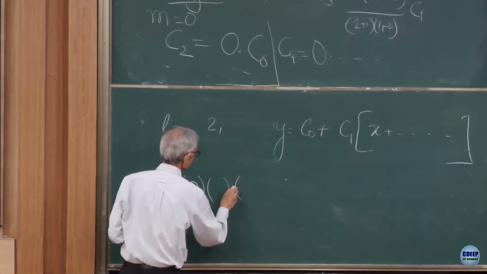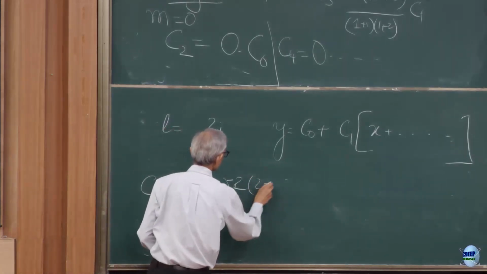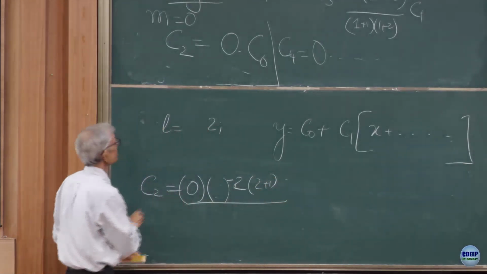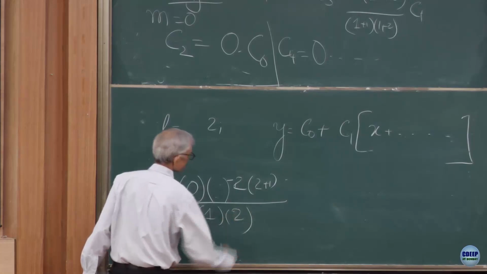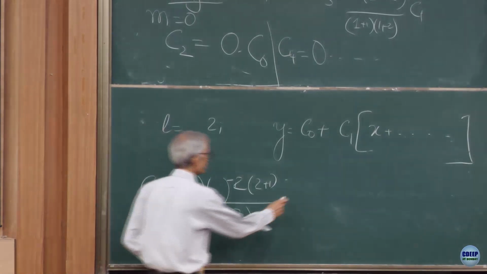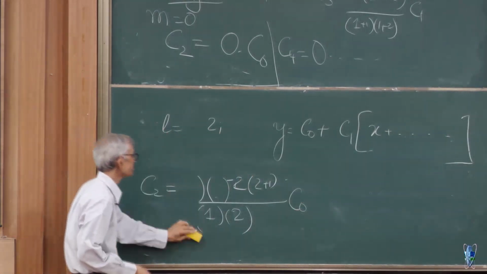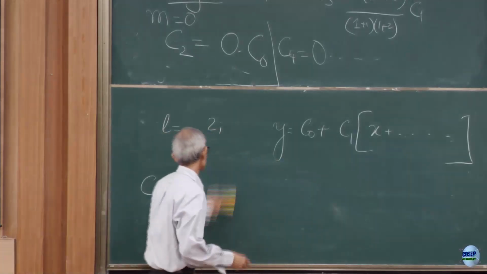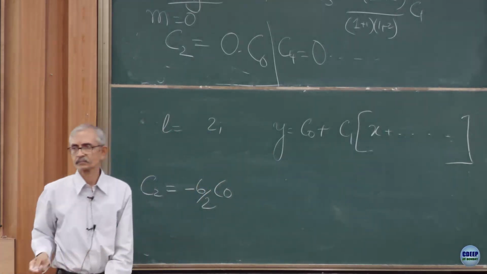This is 0 minus 2 into 2 plus 1 upon M equal to 0, 1 into 2. Okay, so that's what you see there. 6 divided by 2 and then there is a C0 sitting there. So C2 is equal to minus 6 by 2 C0.